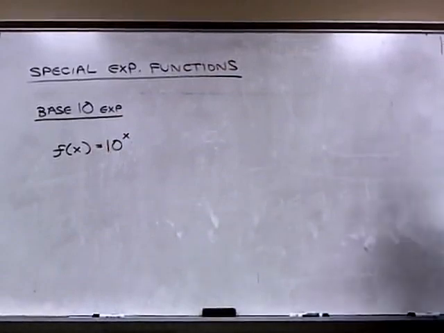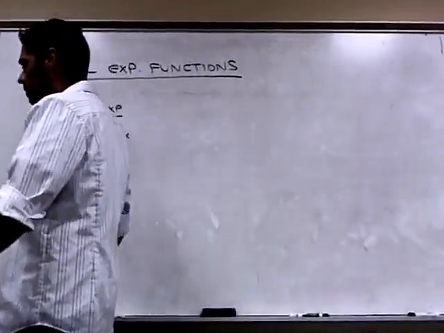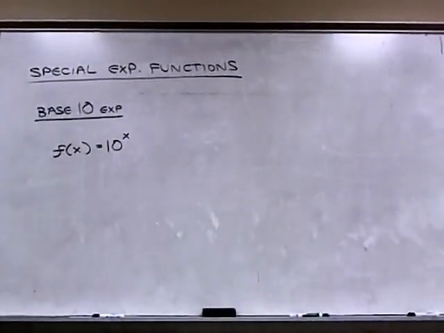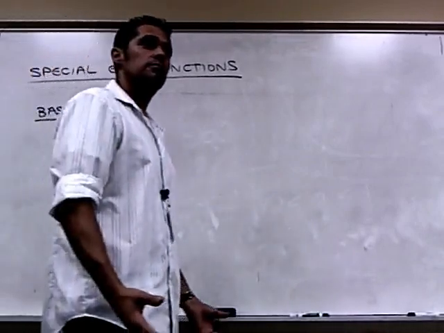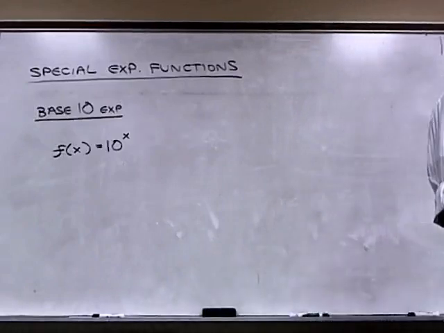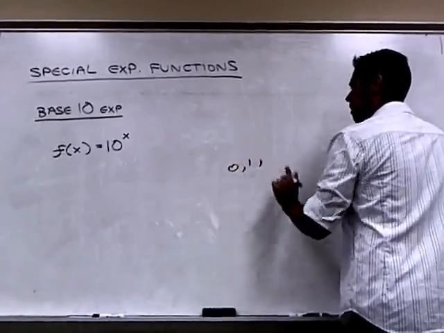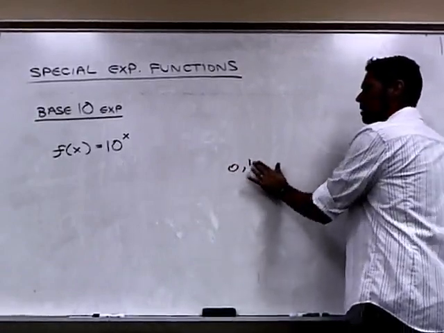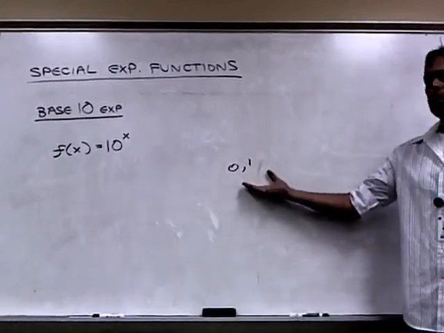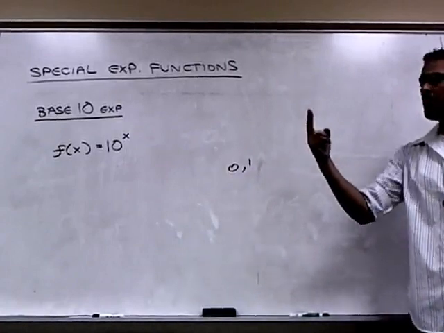Why do you think base 10 comes up all the time, or comes up frequently? Our number system is base 10, right? Isn't our number system base 10? Remember I said a computer is binary? Computer only knows zeros and ones? That's base 2. Two things are possible.